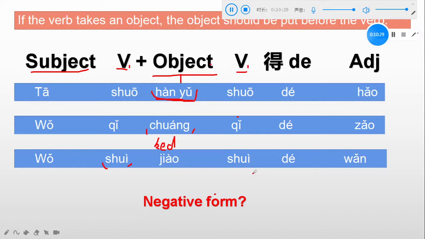The negative form is exactly the same as the previous page. We just add 不 in this place. So if we are going to change this one into a negative form, we just add 不 here. And we say 他说汉语说得不好. So he speaks Chinese badly.